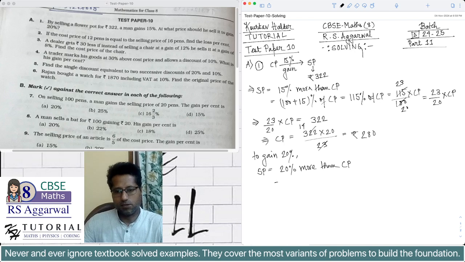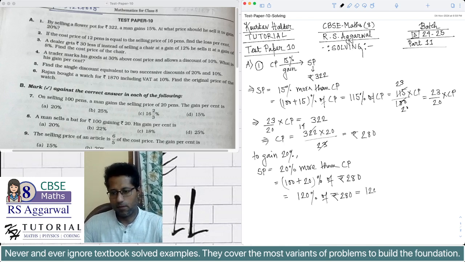This is equal to 100 plus 20% of CP, which we have already computed to be 280. This is equal to 120% of rupees 280, which is equal to 120 divided by 100 multiplied by rupees 280.